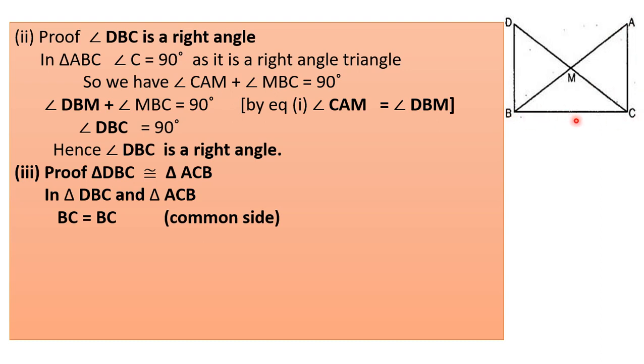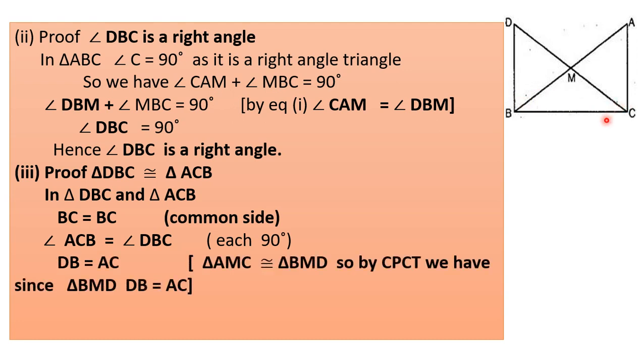Angle ACB, this angle C, is given as 90 degrees, and by the second proof angle B is also 90 degrees. So angle B and angle C are each 90 degrees.